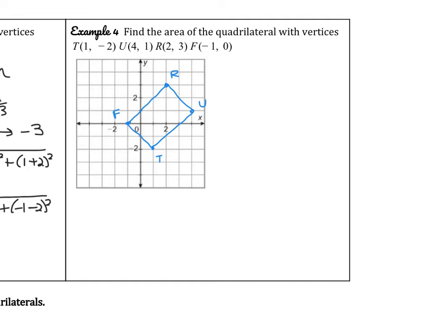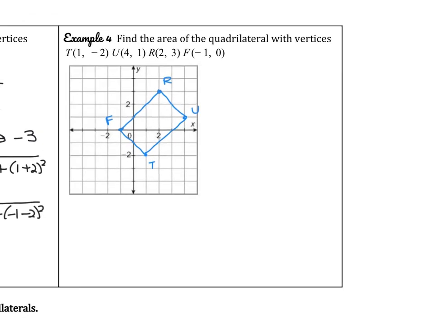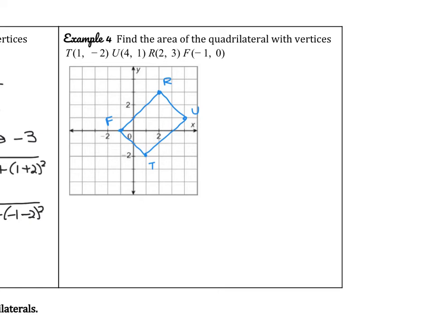Again, it's going to be important to know what type of quadrilateral we're working with, so we can figure out if we need to do a parallelogram area or if we can just do base times height. We need to know that the opposite sides are parallel, and we would like to know if this is a rectangle because that would make it a little bit easier. Again, we could figure all this out by finding the slopes of all the lines and comparing them.